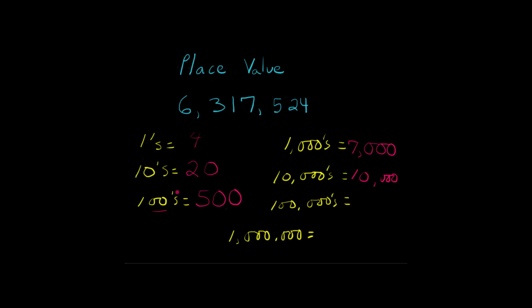In the 100,000s, we have the number 3. So once again, we'll write down our 3. And we have 5 zeros, which means we have to match that up. So we're also going to have 5 zeros: 1, 2, 3, 4, 5 with the 3. And then our millions, in this case, we have the number 6.